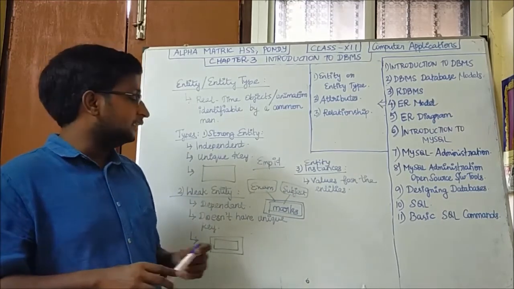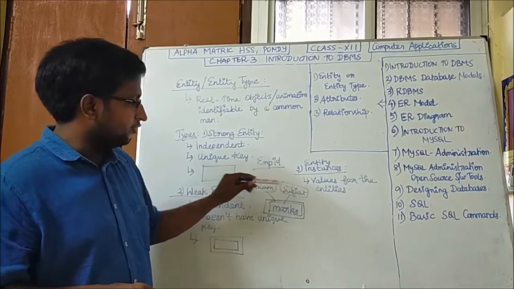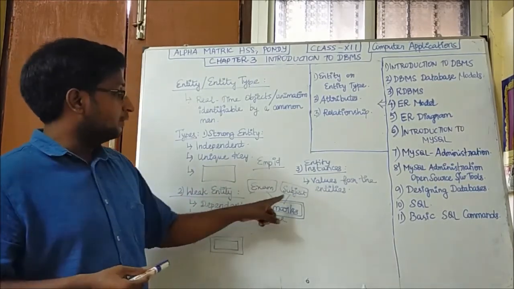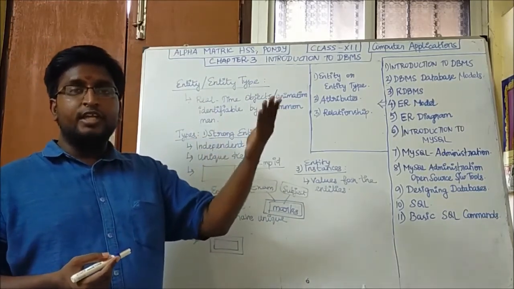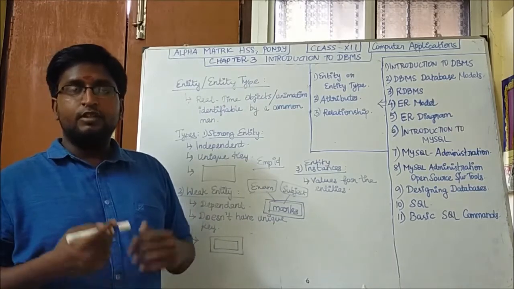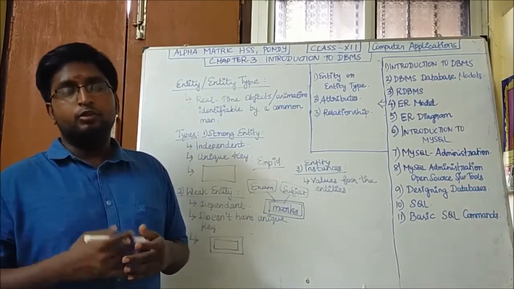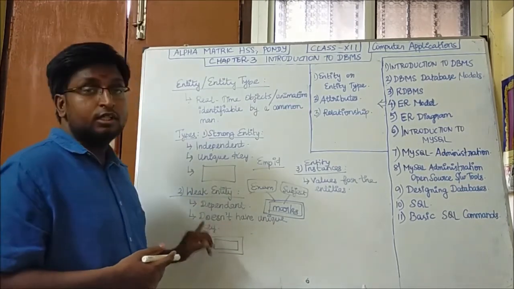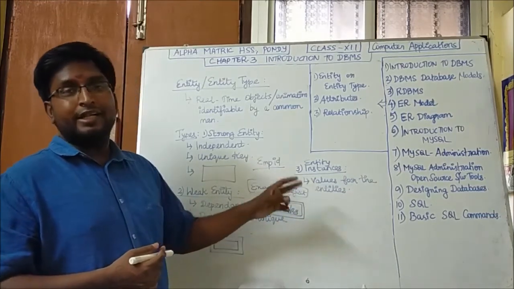In your book they have given the example that mark is dependent on both entities, exam and subject. The mark will not have a unique value. Even a mark of 50 can be repeated many times, so it cannot have a unique key or primary key. It is represented using a double rectangle.